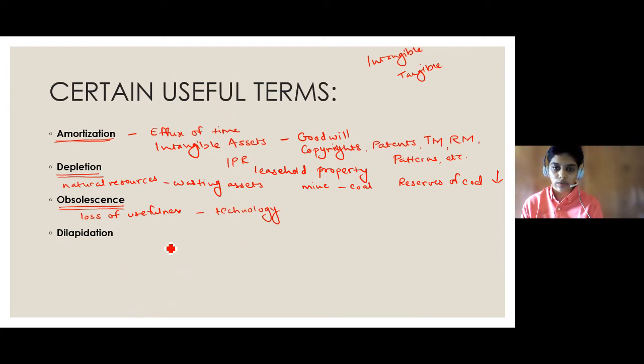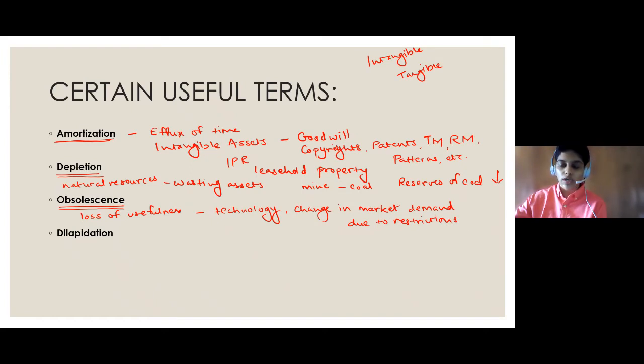Whenever technology changes, whenever there is any improvement in the method of production or the manner in which the product is produced, or if there is any change in market demand, and this change is due to any restrictions, then the loss in value that you account for can be termed as obsolescence.